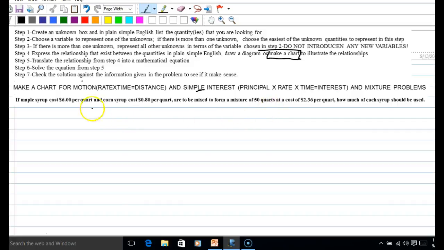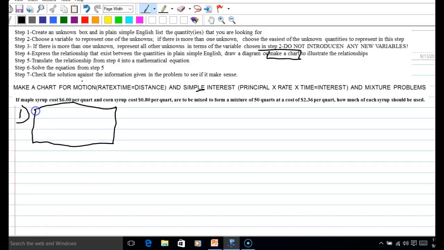So the maple syrup is the most expensive, the corn syrup is the least expensive, so we're going to mix the two and form a blend, which costs us more than the corn syrup but less than the maple syrup. So I've got two different types of syrup that I'm going to use in my mixture.